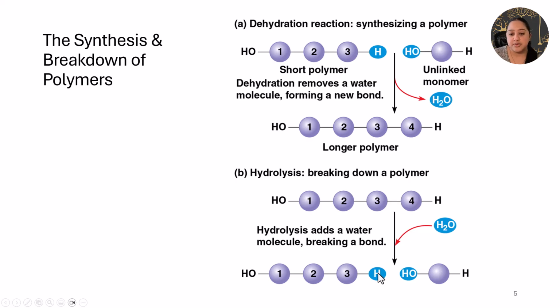Now there is an end to this short polymer with the H, and an end to this monomer with the OH over here. So hydrolysis, by adding water, breaks this bond. That is how you make and break polymers.